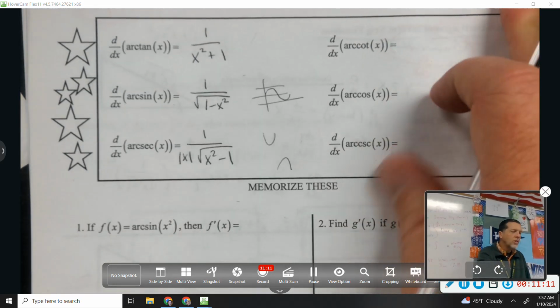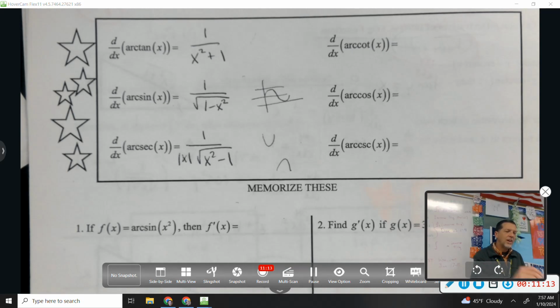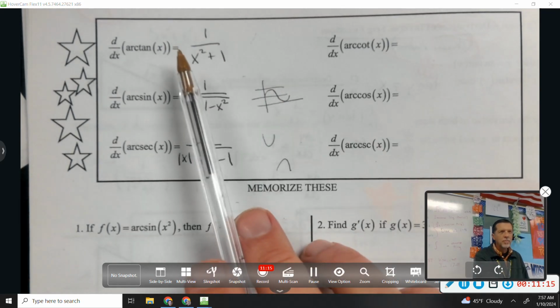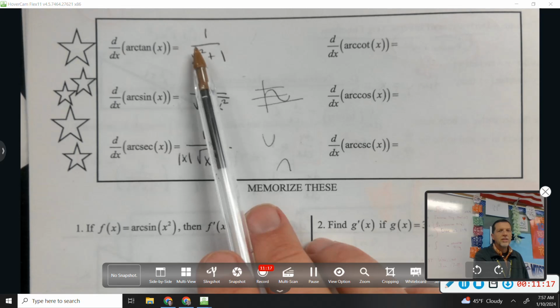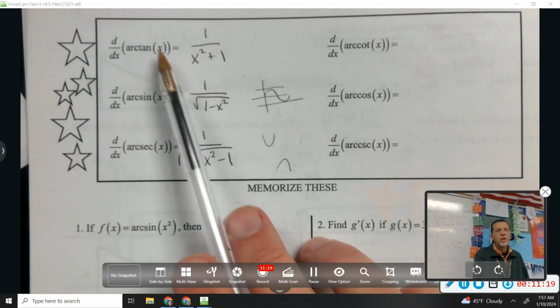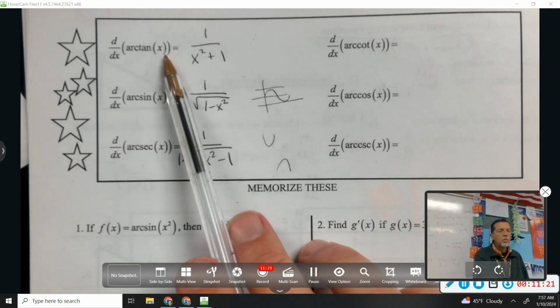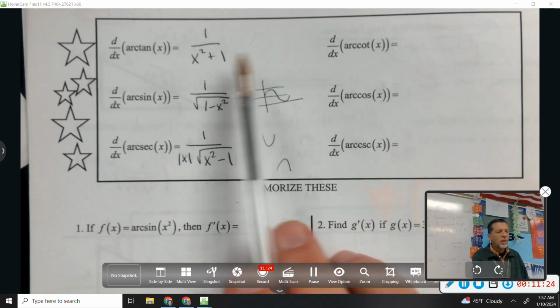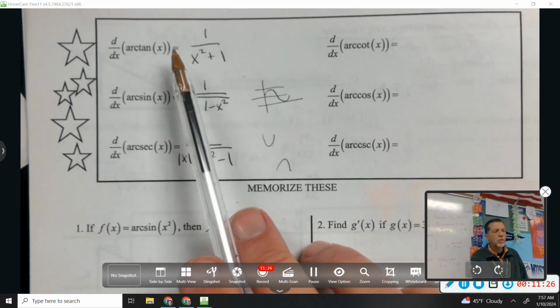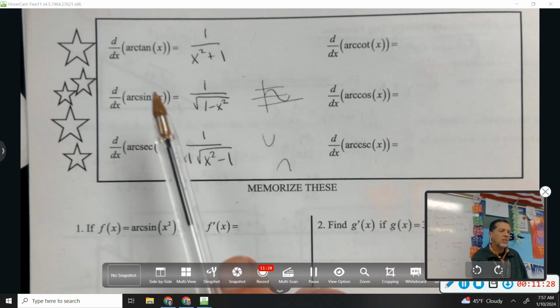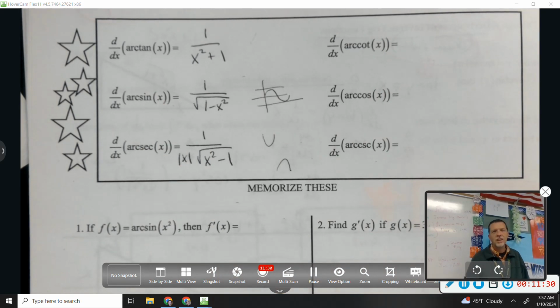All right, the good news is the relationship, let's see, how do I phrase this? With all the other trig derivatives, what was the relationship between tangent and cotangent, sine and cosine, secant and cosecant?